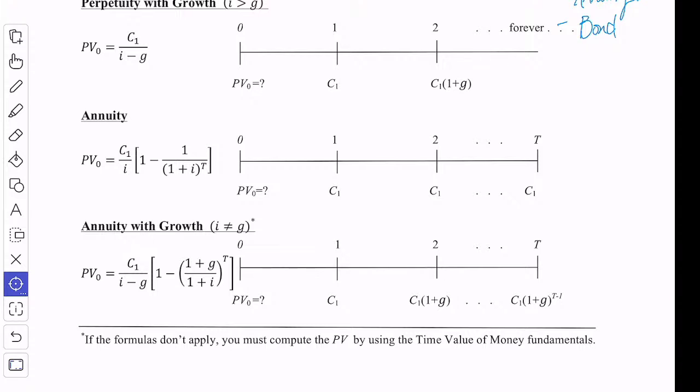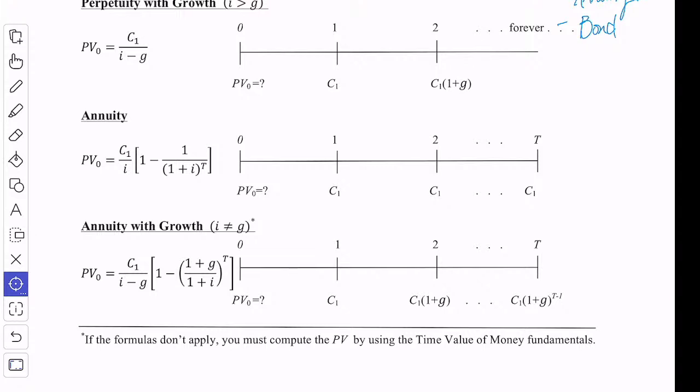Okay, so let's see. What is this formula? Here's the timeline for the formula, and you see it looks like the timeline for perpetuity with growth, except that it stops. All right, so that it's only T payments.